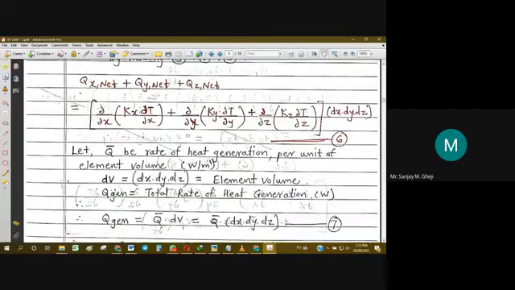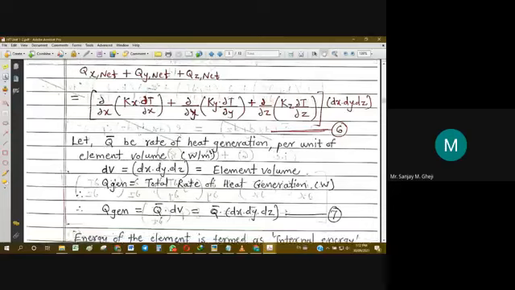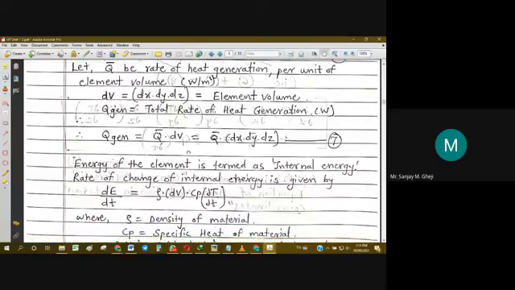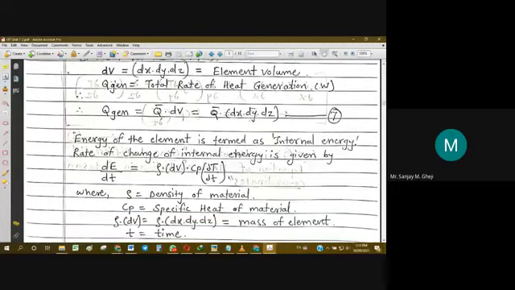Again, there is some internal heat generation within the volume. Because of this net amount of heat conducted as well as heat generation within the element, there will certainly be a change in the internal energy or enthalpy of the element.